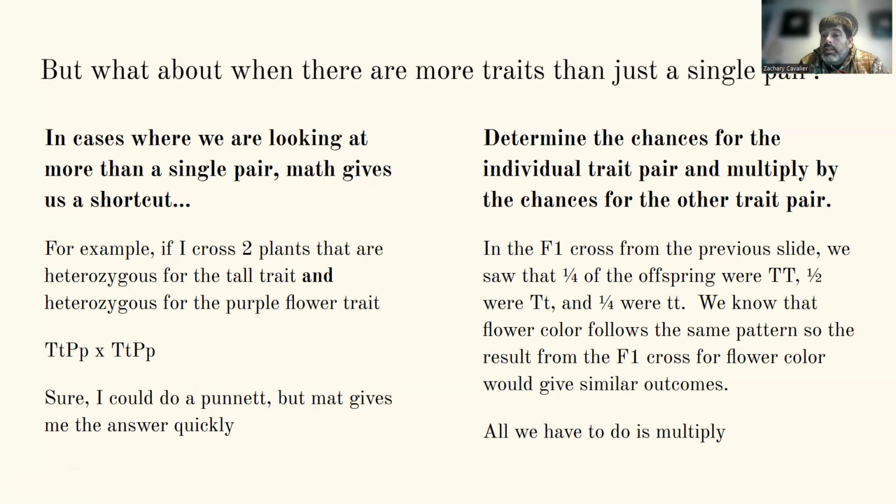So in that F1 cross, we saw from the previous slide, 1/4 of the offspring were homozygous dominant, 1/2 were heterozygous, and 1/4 were homozygous recessive. The flower inheritance pattern is the same as the height inheritance pattern. So we can do some simple math to figure this out.